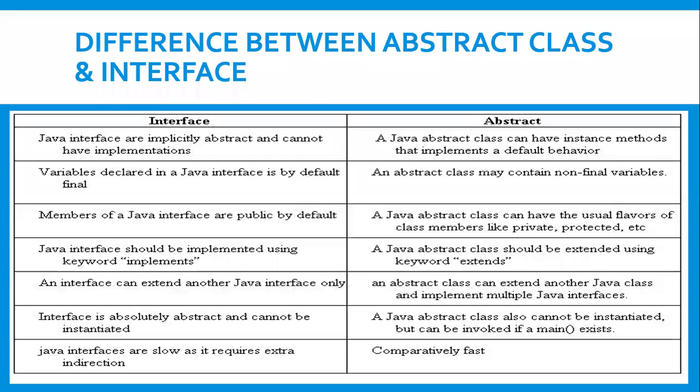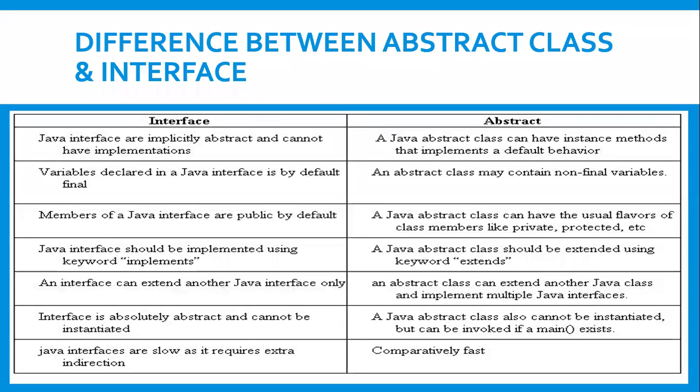Similarly, Java interfaces are implemented using the implements keyword, whereas abstract classes are extended using the keyword extends. But whether you use implements or extends, for either an interface or an abstract class, all the abstract methods must be implemented inside the child class which inherits the properties from them.